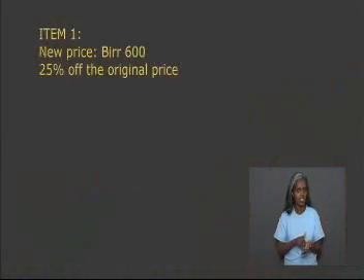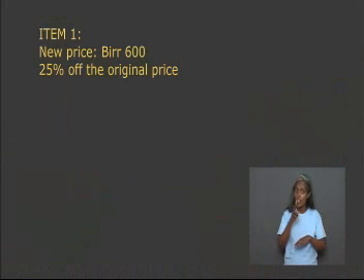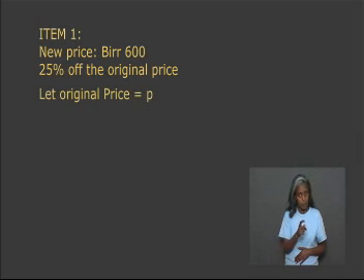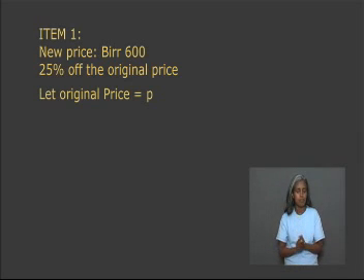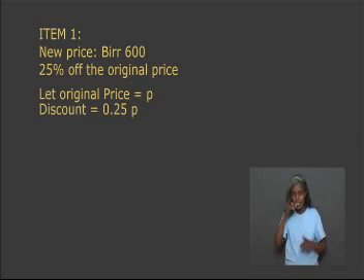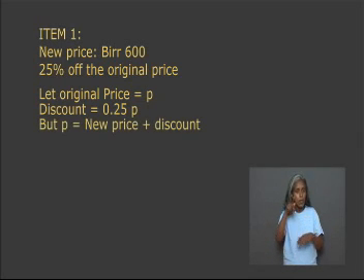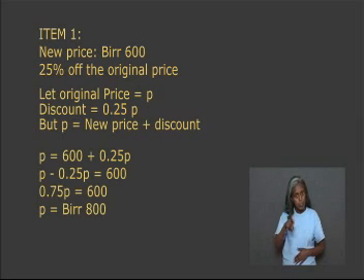Hello again. The first item is 600 birr after a 25% discount. Let P be the original price of the item. In that case, the discount is 0.25P. So we can see that P equals the new price plus the discount. Therefore, P equals 600 plus 0.25P.